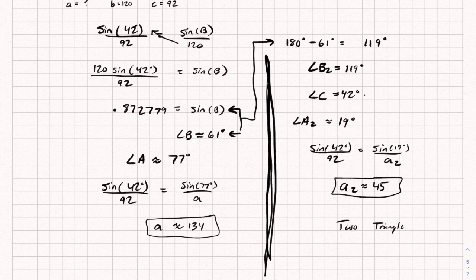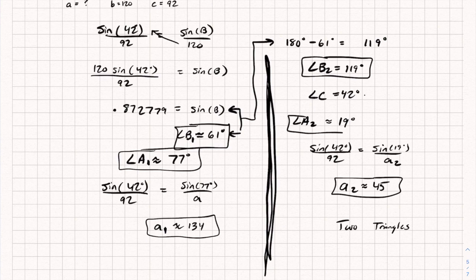Now the given information again is fixed. The numbers that I can actually change and manipulate would be angle A, side A, and little angle B, which is what we're finding here. So I get B1, A1, little a1, B2, A2 and little a2 in terms of the second possible results here.